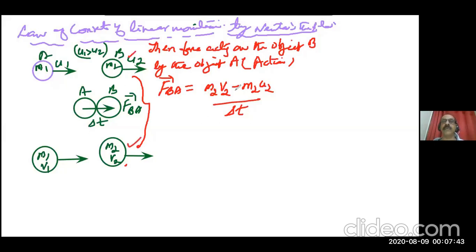So M2V2 minus M2U2 divided by delta T. Have you written? M2V2, it's on the board, right? I'm writing it on the board. FBA is equal to M2V2 minus M2U2 divided by delta T.